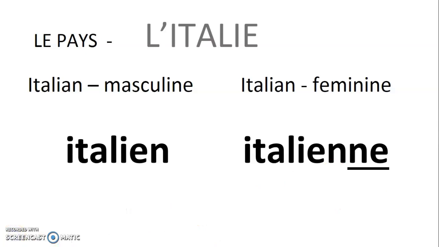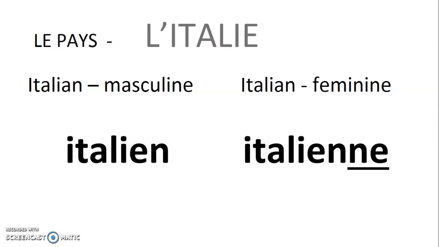In case of l'Italie, the country is l'Italie. The masculine form is italien, whereas the feminine form is, there is a slight difference in case of formation of feminine form.